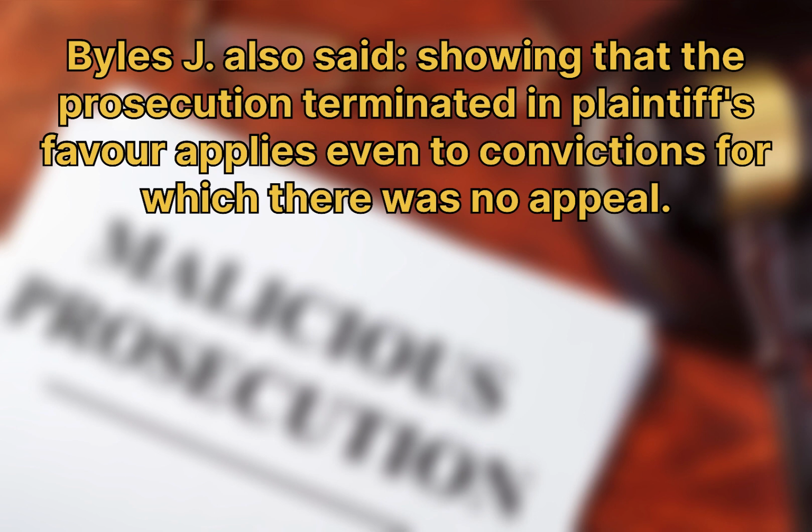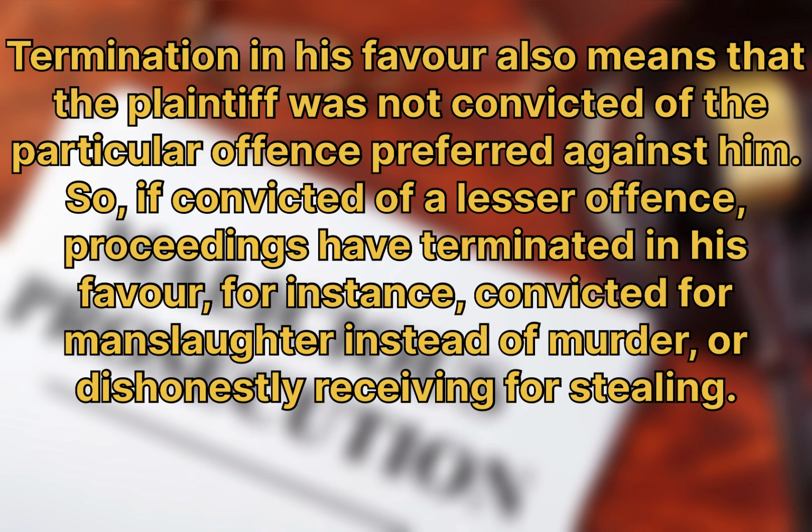Blackburn J also says, showing that the prosecution terminated in the plaintiff's favor applies even to convictions for which there was no appeal. Termination in his favor also means that the plaintiff was not convicted of the particular offense preferred against him.